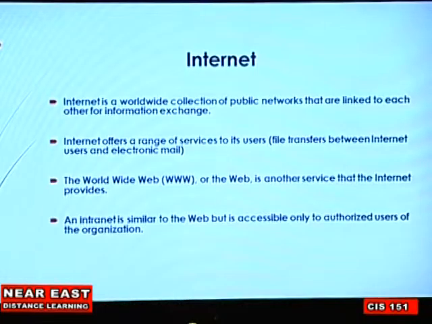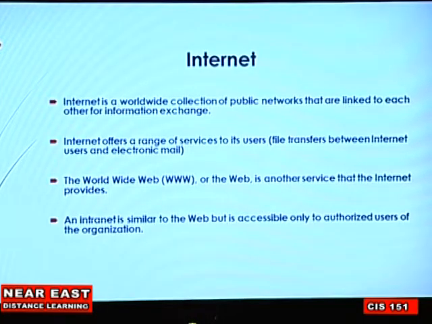The internet offers a range of services to its users: file transfer between internet users and electronic mail, like I said, between emails. The World Wide Web, WWW, or the web, is another service that the internet provides. Everyone is familiar with what World Wide Web means.